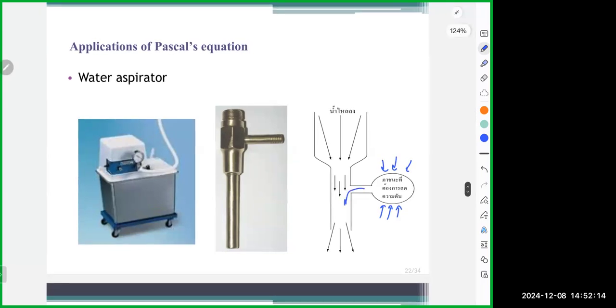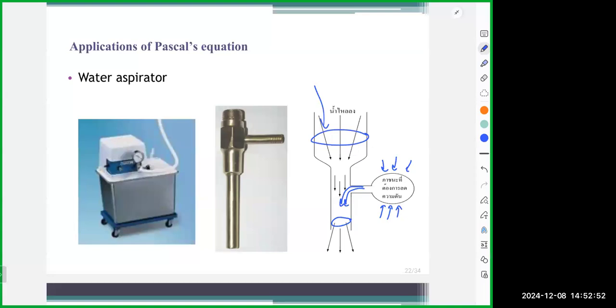So how to do it? All you have to do is to connect it to a tube where the input has a large area and the output has a small area. Right here, the pressure of the system will be sucked out of it.